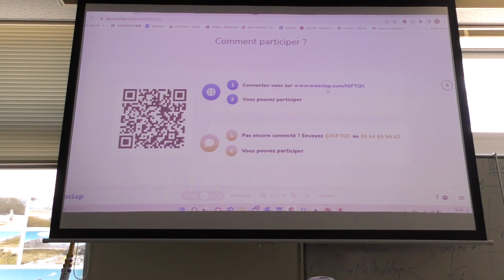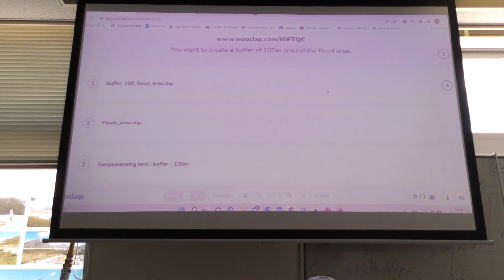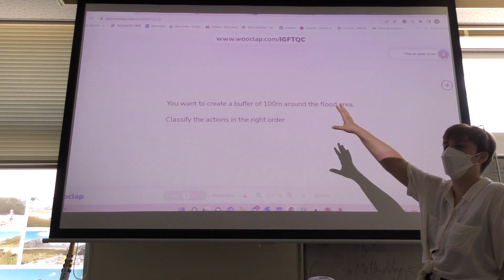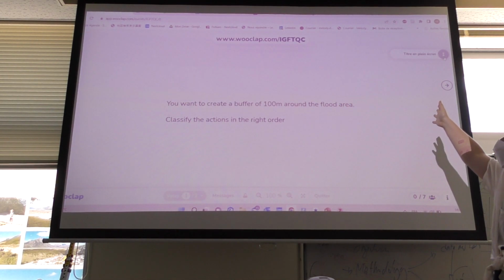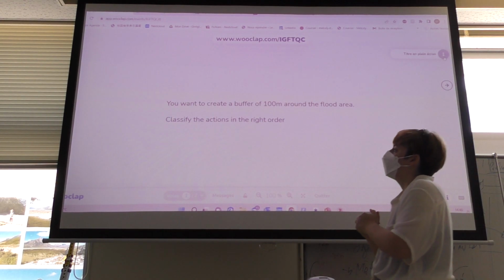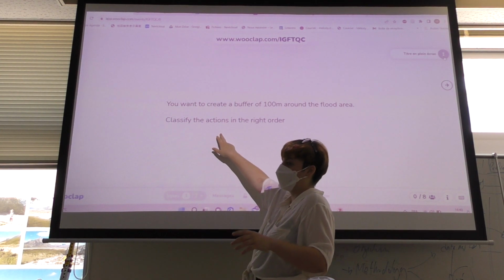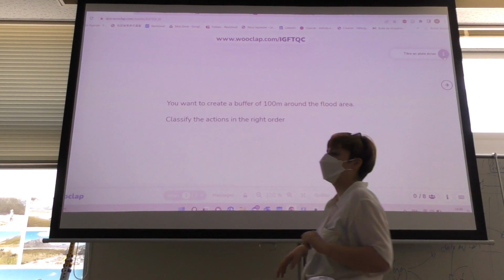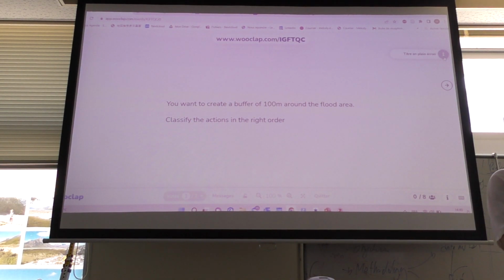So, you will have a question on your computer right now. You have a title here. You want to create a buffer of 100 meters around the flood area, okay? Like we did last week. You have to classify the actions you see on your computer in the right order. To do that, you move them up and down. And when you're finished, you just send it. Is it okay?